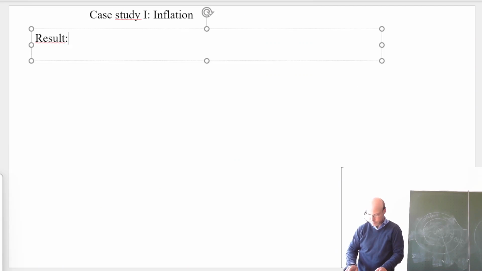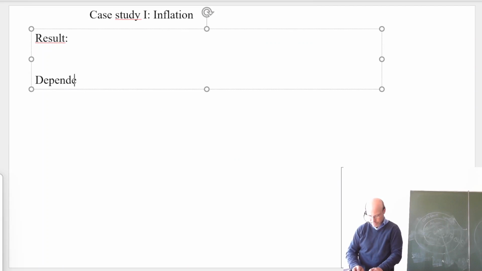result, first of all, dependence between oil prices and energy component HCPI.